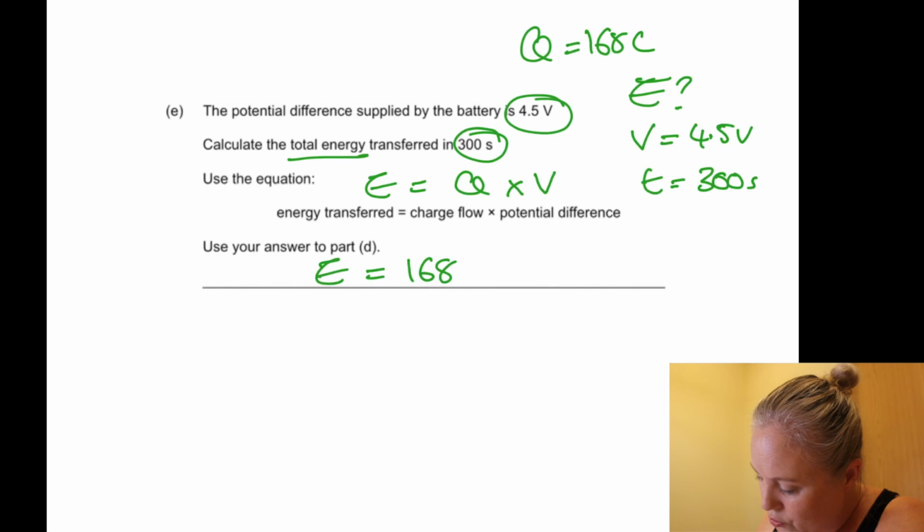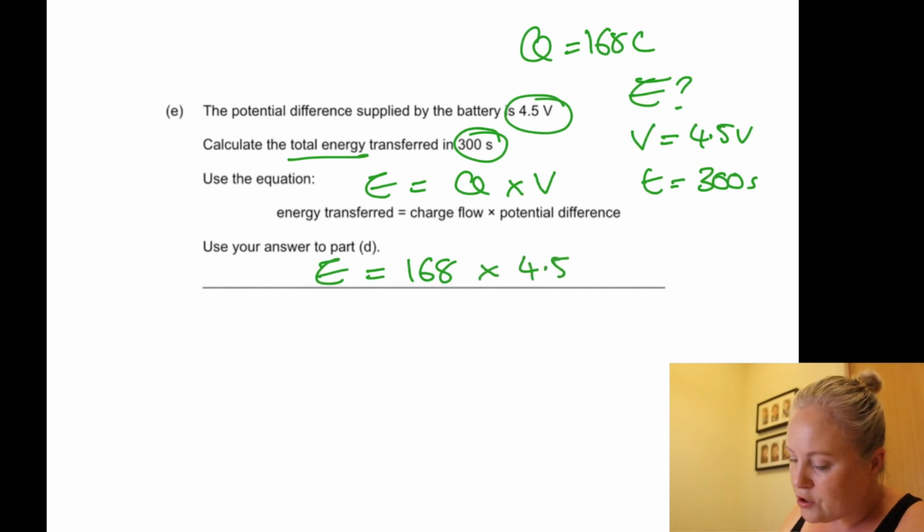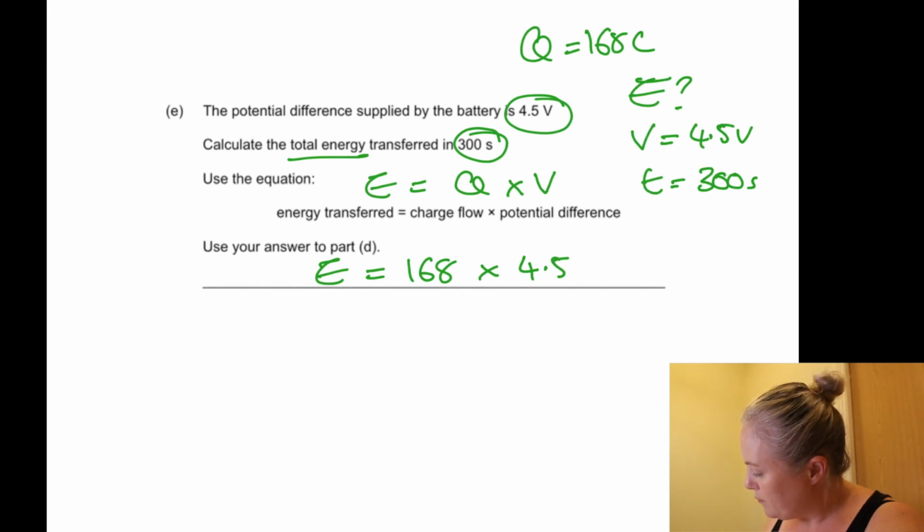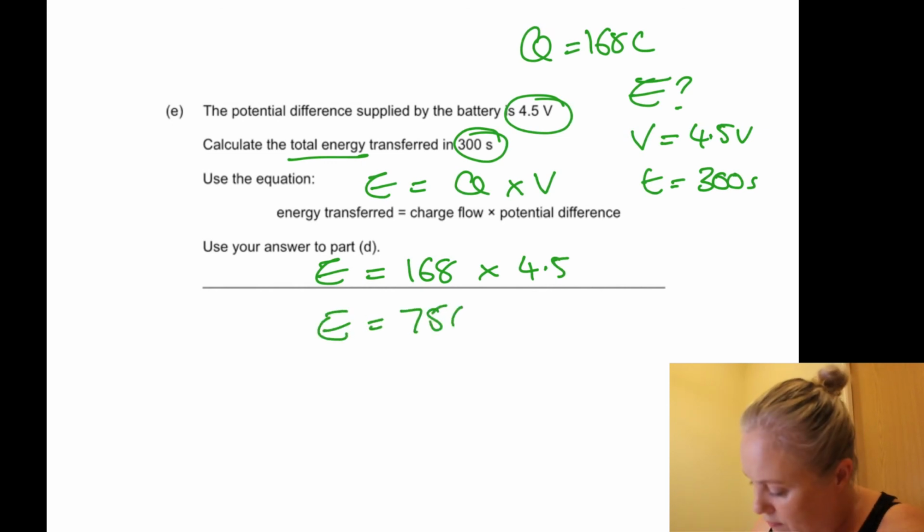So E equals 168 times 4.5 volts. So the energy equals 168 times 4.5. Give me an answer of 756 joules.